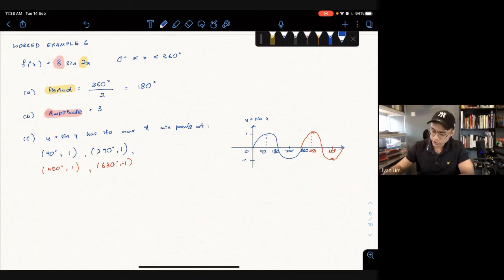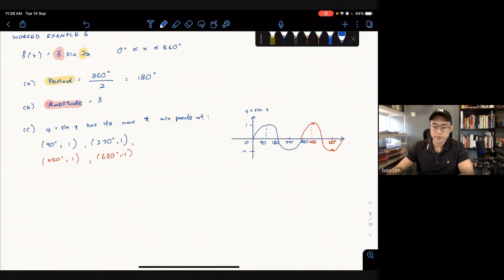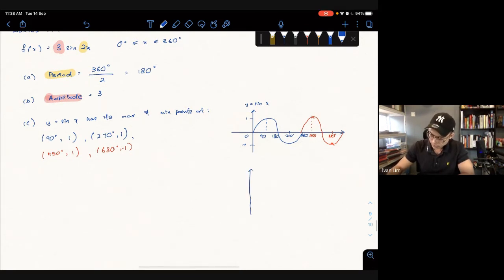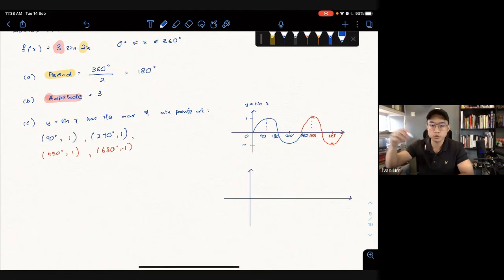So if you were to sketch the graph out, how it will look like, I am fitting 2 periods, 2 complete sine graphs in 360 degrees. I always like to imagine it's a spring.